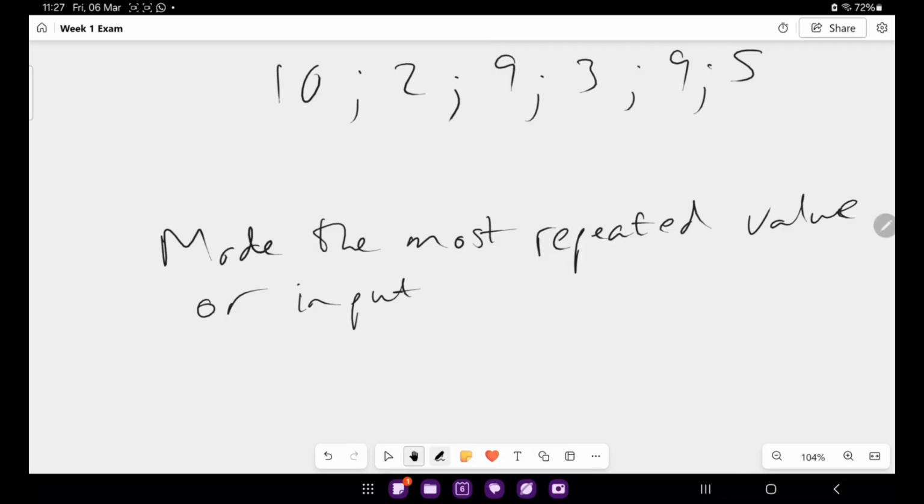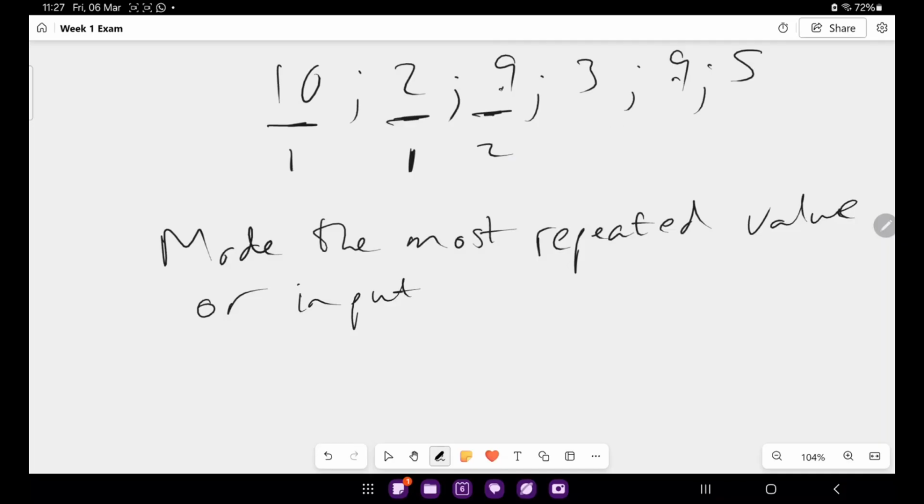So now we have to think, okay, how many times does each appear? How many times has 10 appeared? Once. How many times has 2 appeared? Once. How many times has 9 appeared? Now we think, oh, here's 9, here's 9.